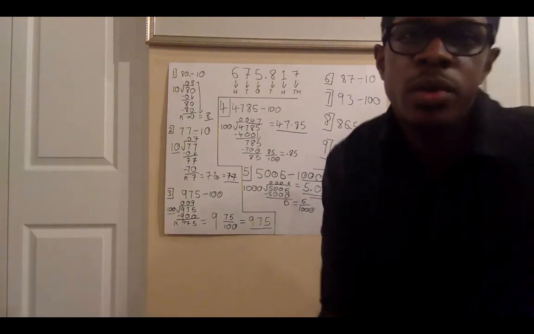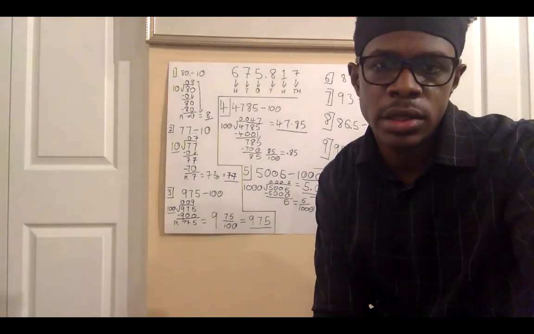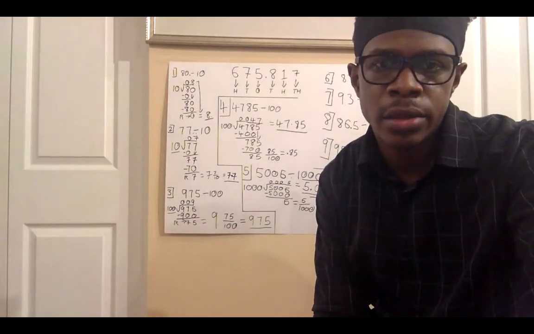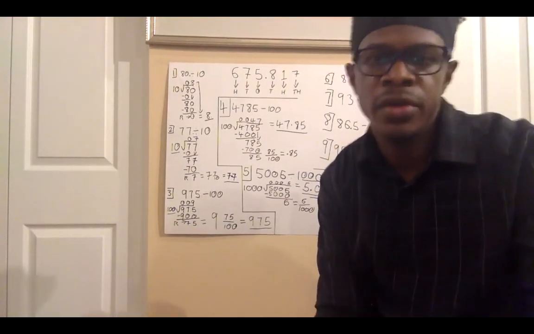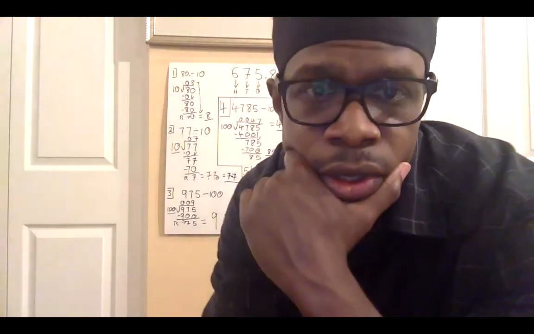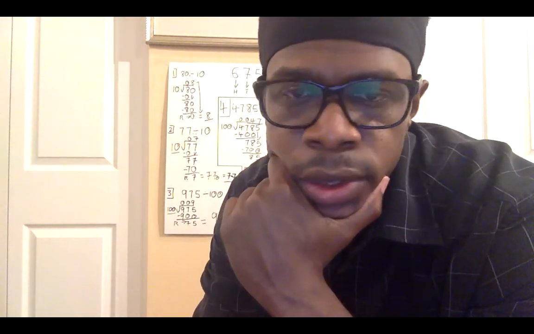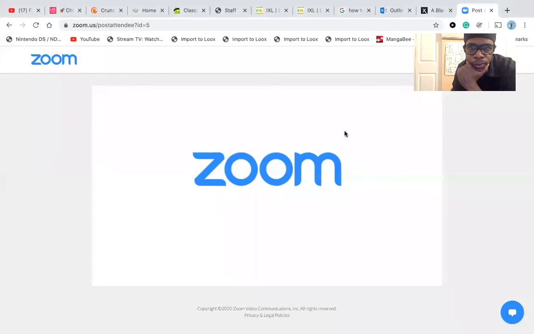Okay, and what I also want to go over is on IXL, there was a different variation of it, but it's the same concept. So I just want to bring that up so we can go over it together. Here.